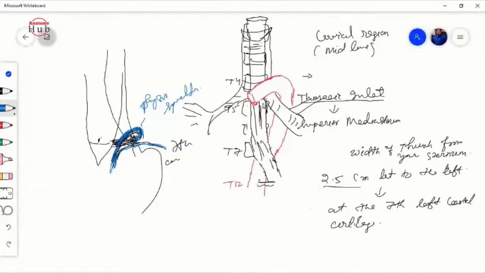But at the T7 vertebra, it again deviates towards the left by crossing the descending aorta anteriorly. Then it pierces the diaphragm 2.5 cm left from the midline, at the level of your left 7th costal cartilage.